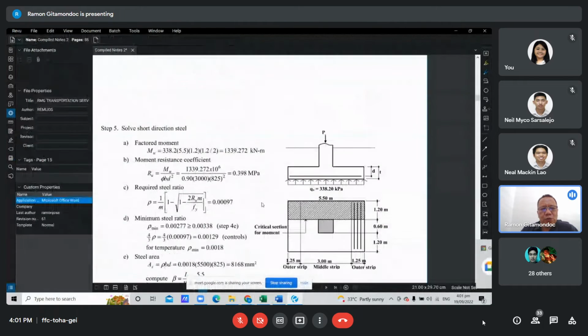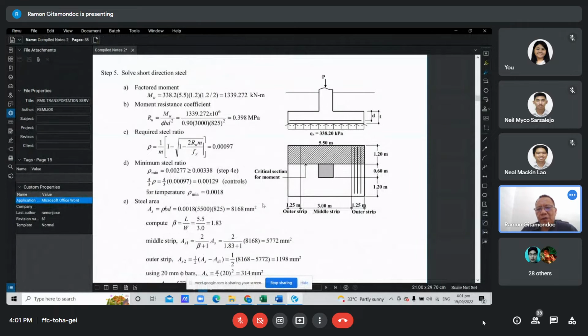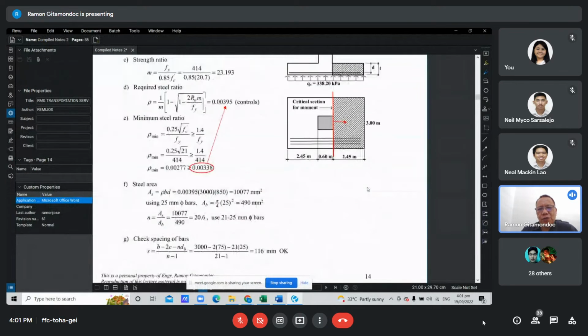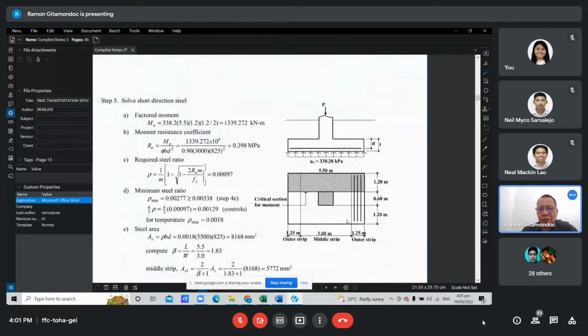Okay, so next we solve for the short direction steel. Now, if the long direction steel is equally placed across this width, the short direction steel has a modification regarding its distribution. It is not equally distributed across this width.